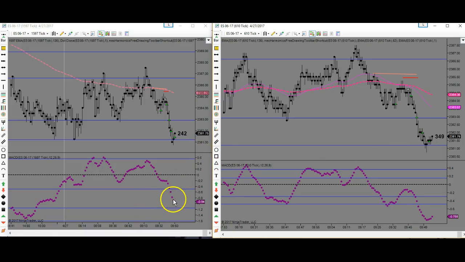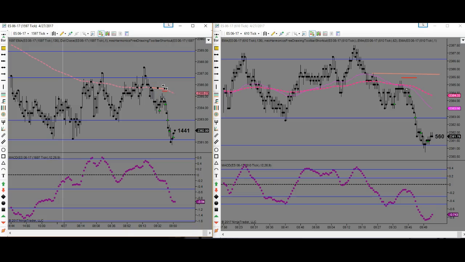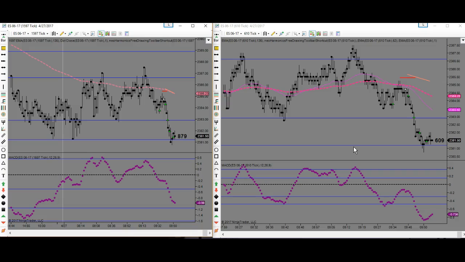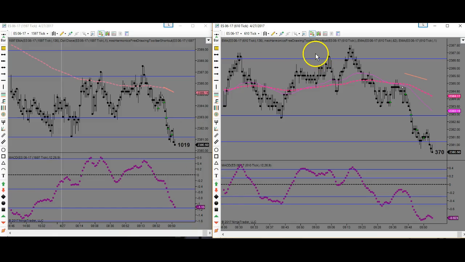Still got some strength down, but you have to remember the 1597 EMA takes a little bit of time to turn, because it's a much bigger, or the 1597 MACDs, because it's a much bigger time frame. All right, I'm going to remove all these arrows.